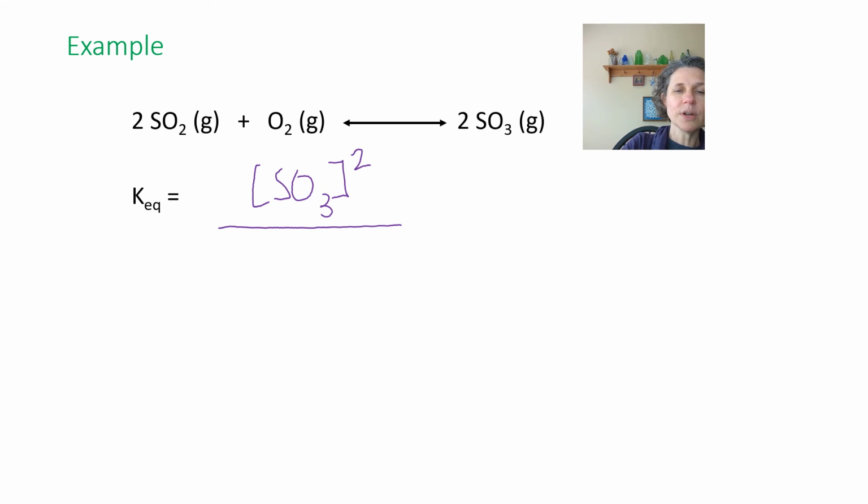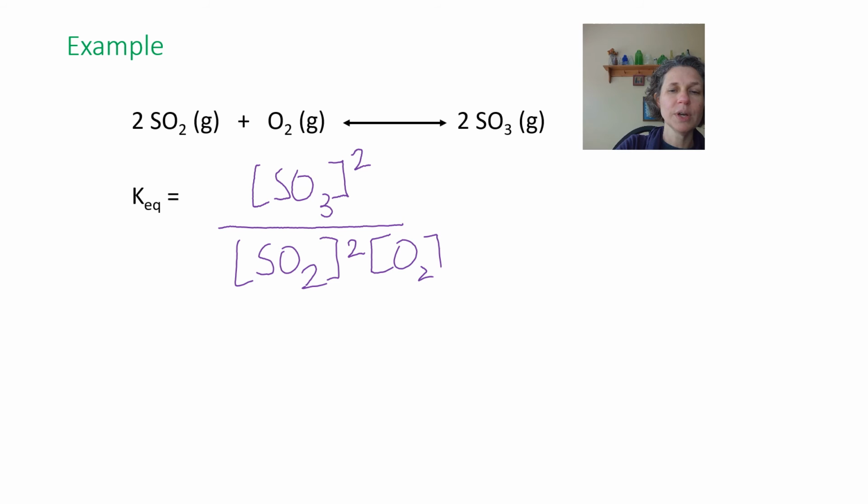So the concentration of SO3 to the second power divided by the concentration of SO2 to the second power times the concentration of O2. It doesn't have a coefficient. Remember, that's an assumed 1. Anything to the first power is itself.